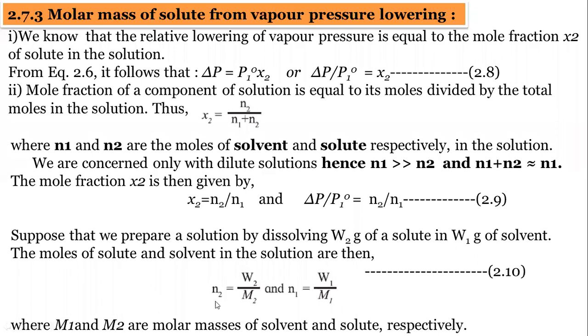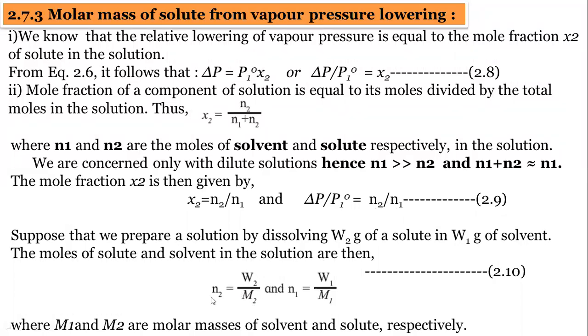So N2, already N2 is solute, is equal to the number of moles. What is the formula of number of moles? Mass divided by molar mass. So W2 is the mass of solute and M2 is the molar mass of solute. Here W1 is the mass of solvent and M1 is the molar mass of the solvent. Putting these values of N2 and N1 in equation 2.9.